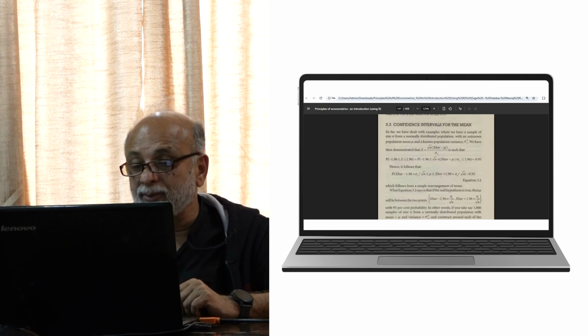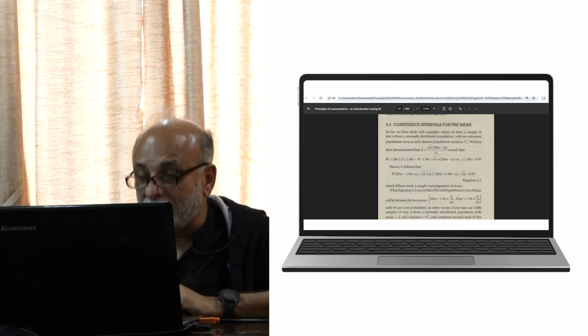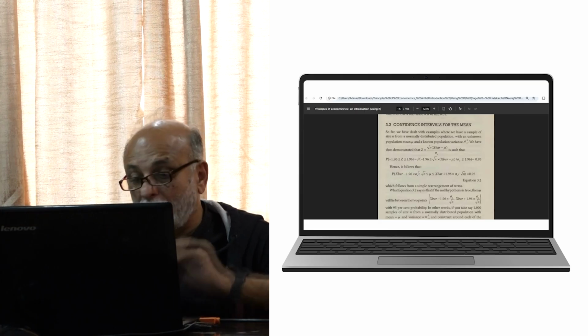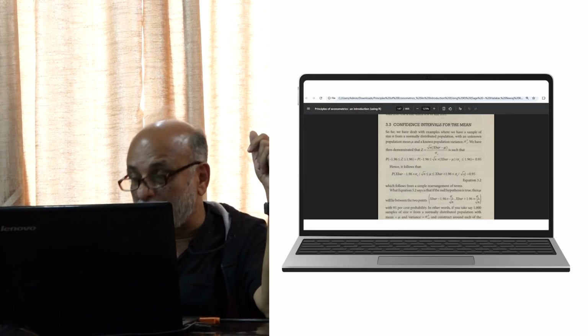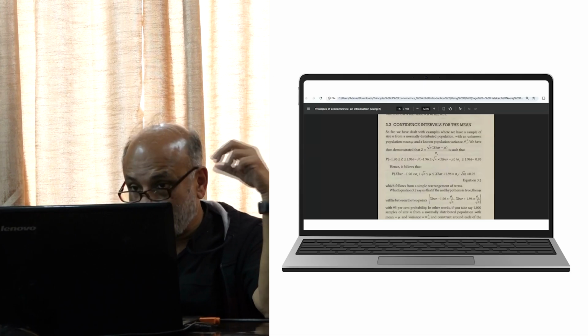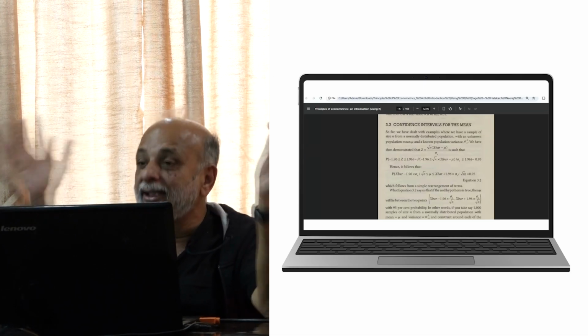So x bar will lie between minus 1.96 times sigma x upon root n on one side and 1.96 times sigma x by root n on the other side. So there is a 95% chance that x bar will lie in this interval.